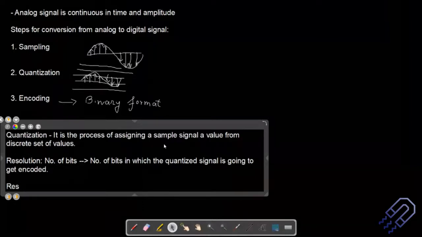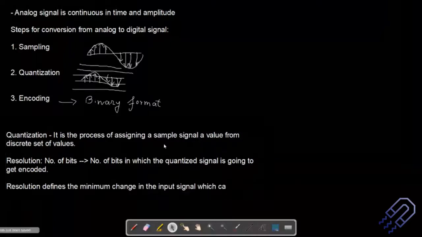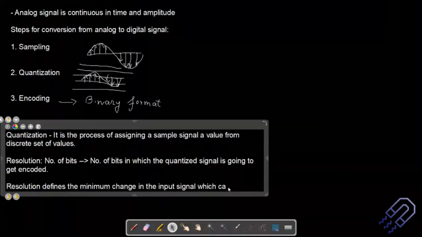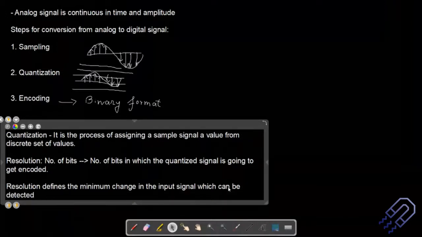Resolution defines the minimum change in the input signal which can be detected by the ADC, the analog to digital converter.